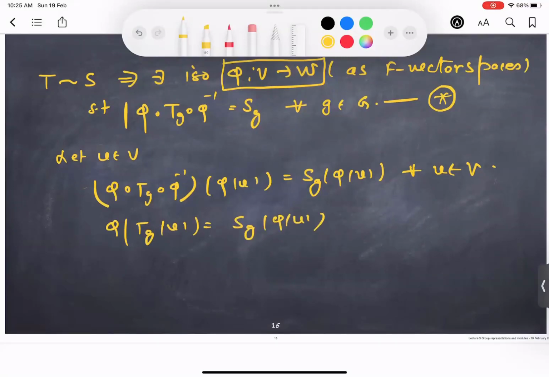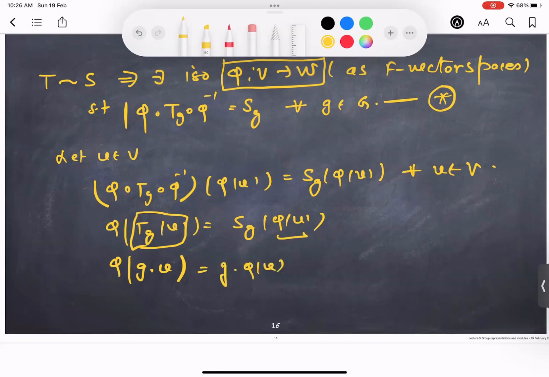Now this is your understanding. How do you regard V as FG module? If you regard V as an FG module, then this is your definition for g dot v. And if you regard W, this is an element of W, and this is the meaning of g dot w.